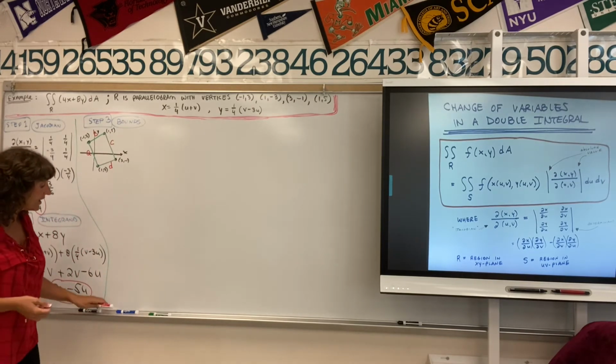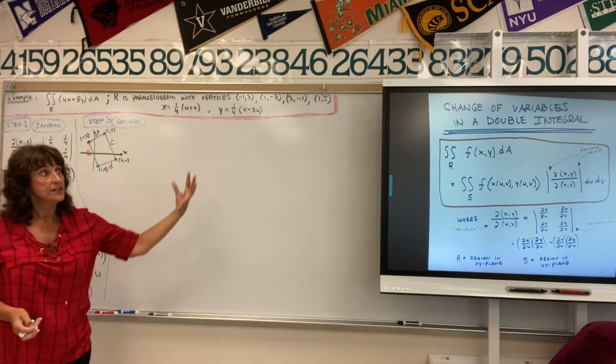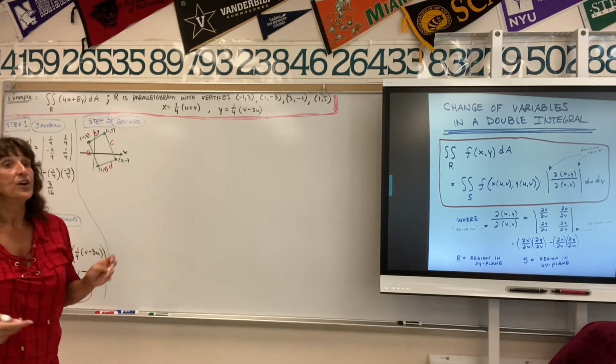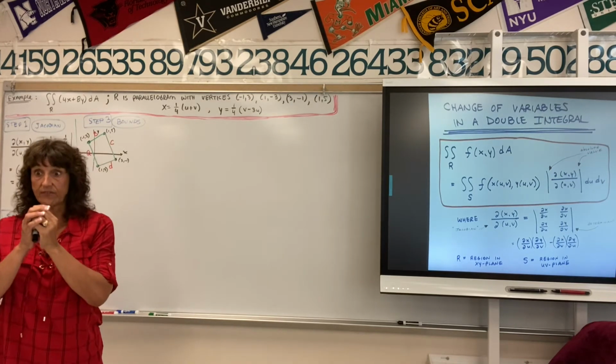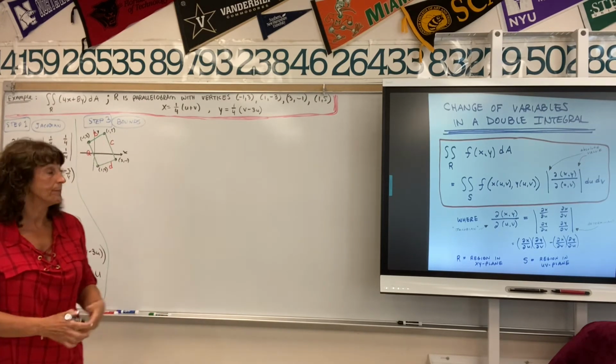Okay, so that's kind of a lot, kind of busy to do. So this problem does lend itself pretty well to the change of variables concept, okay? Because when we change the variables, we'll be able to see that we can just solve one double integral, and it'll give us the answer that we're looking for, okay?